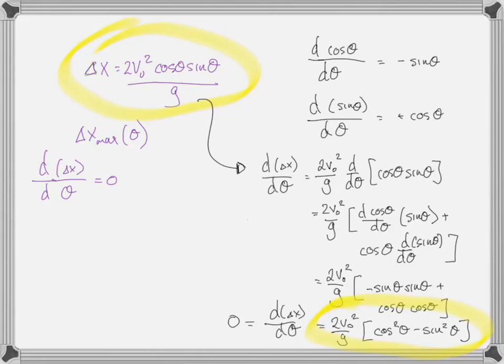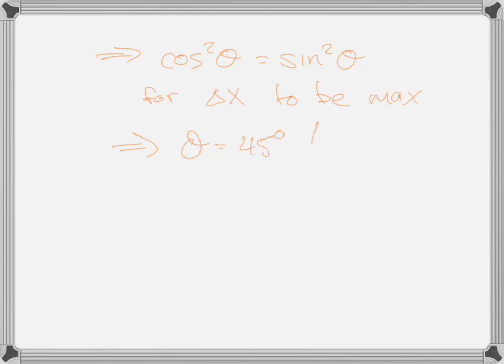So therefore, cosine squared theta equals sine squared theta in order for delta x to be maximum. And what angle gives us cosine squared theta equals sine squared theta? The only angle for which that is true is 45 degrees. So 45 degrees gives us the maximum range, the maximum distance thrown.